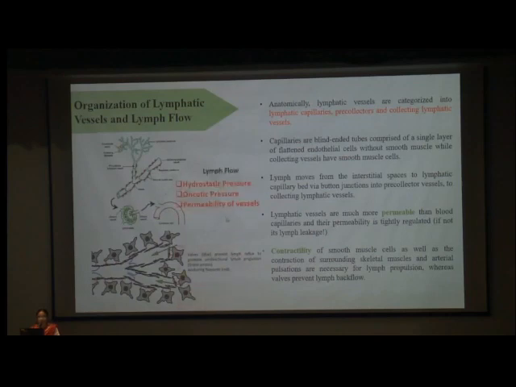And if we talk of the lymph flow, three important dynamic parameters that govern lymph flow are the hydrostatic pressure, the oncotic pressure exerted by the proteins, and certainly the permeability of the vessels. So two important factors are permeability and the contractility, which allows the lymph to propel to the blood vessels.